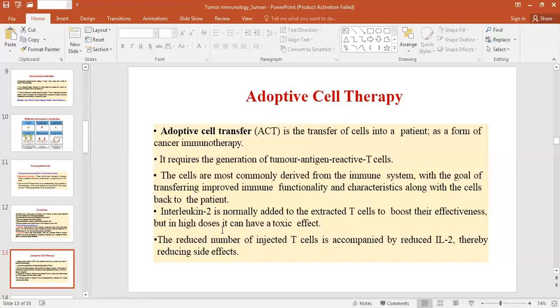So we are not using a high dose. A reduced number of T cells and reduced IL-2 are re-injected into the patient's bloodstream, and under those conditions they are reducing the toxic effect or side effect of the interleukins.